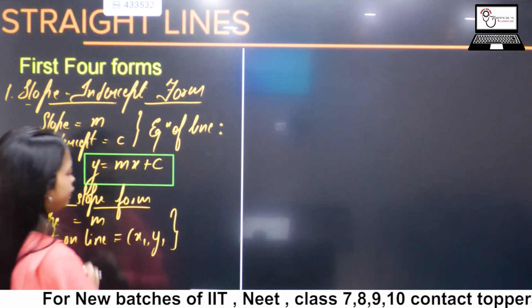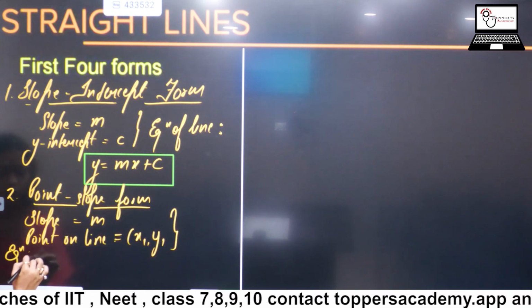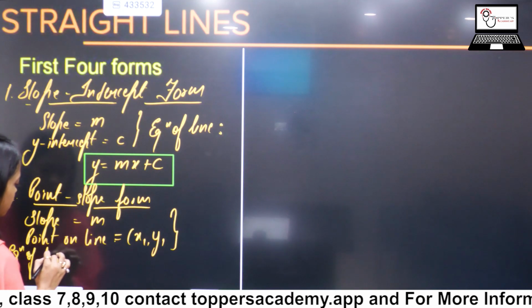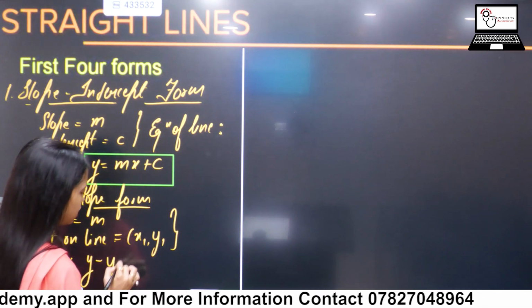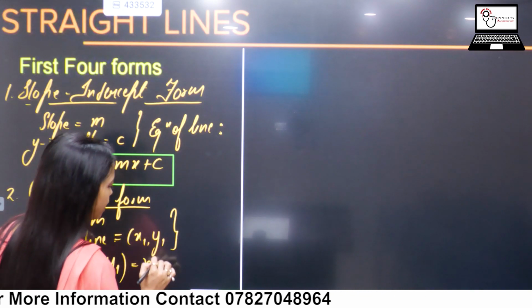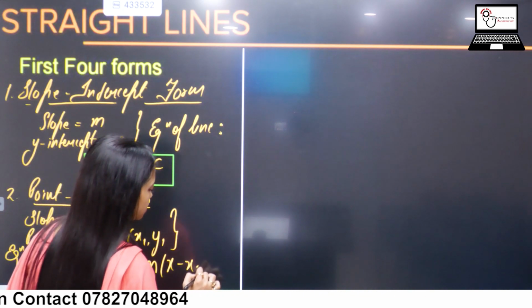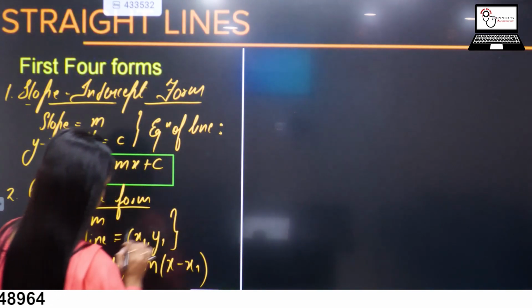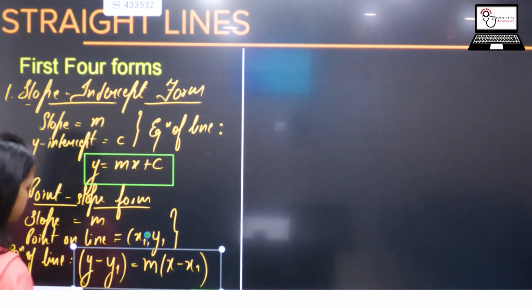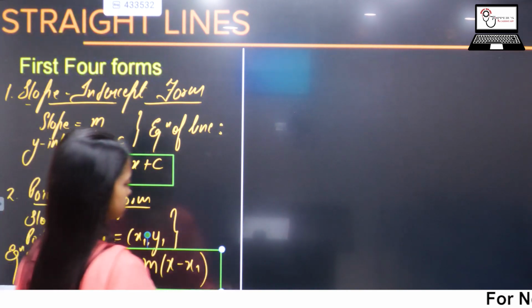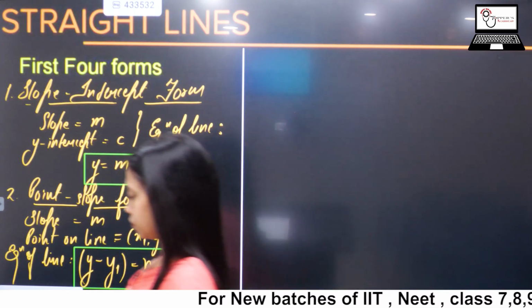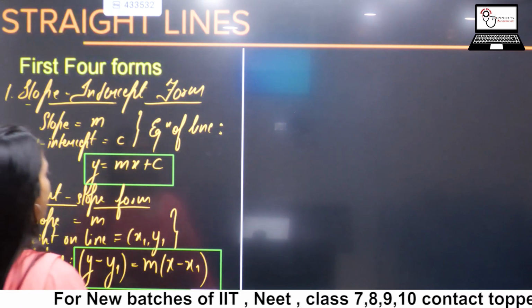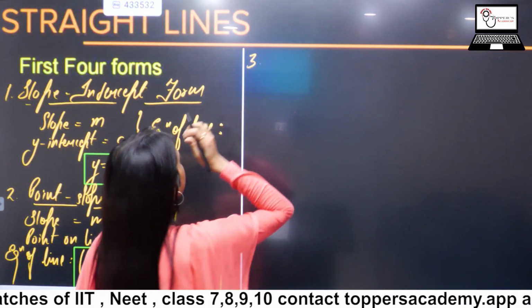With this set of information, the equation of the line is given by y minus y1 equals m times x minus x1. I hope that's clear?